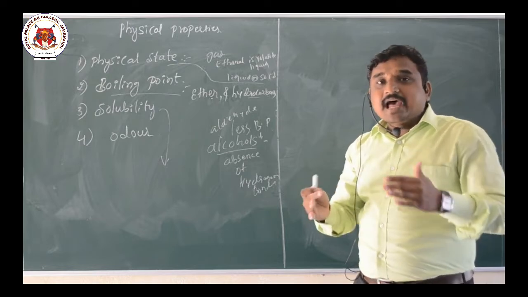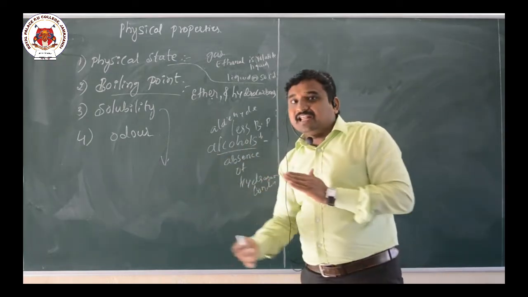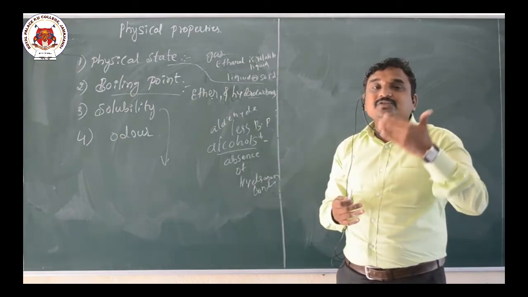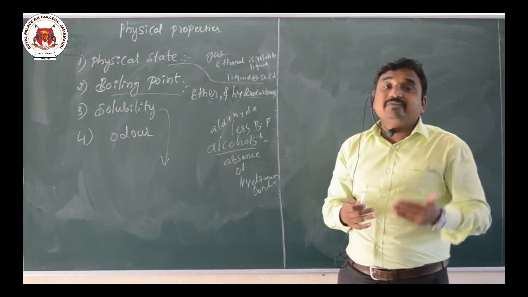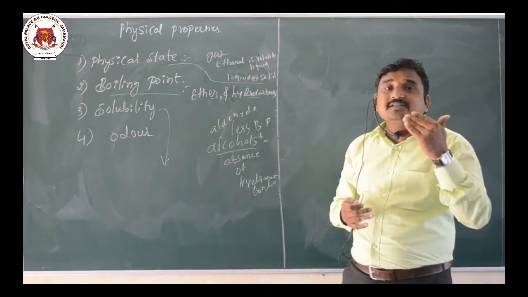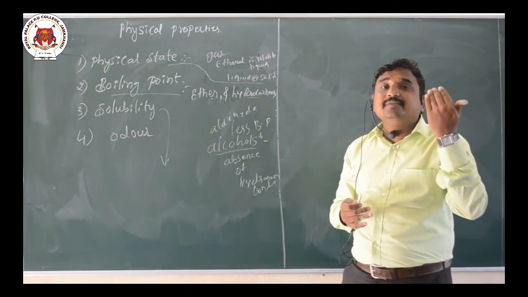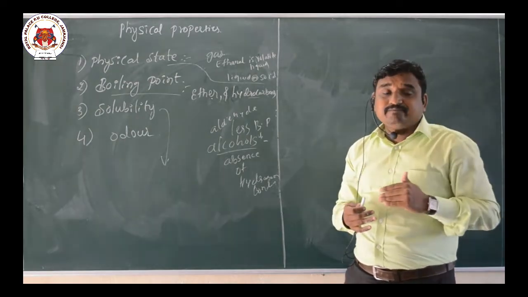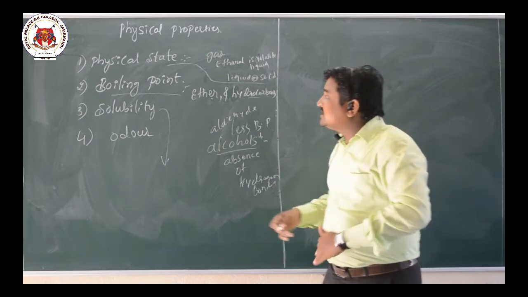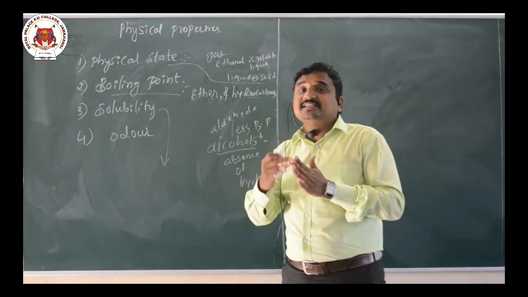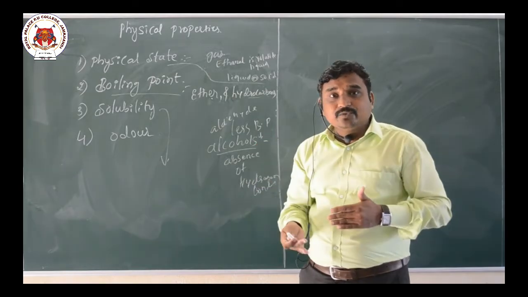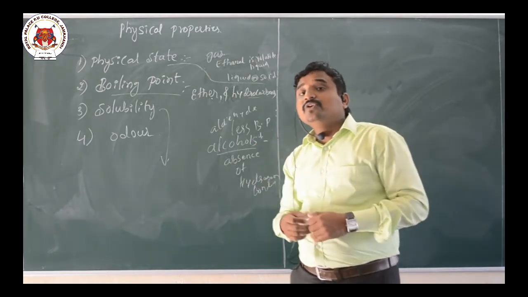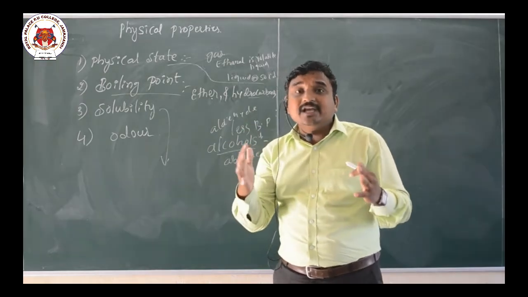Hence as the size and number of alkyl groups increase, what happens? The solubility decreases. Lower members of aldehydes and ketones are miscible in water, whereas for higher members, as the size increases, the solubility decreases due to increase in the size of the alkyl group.